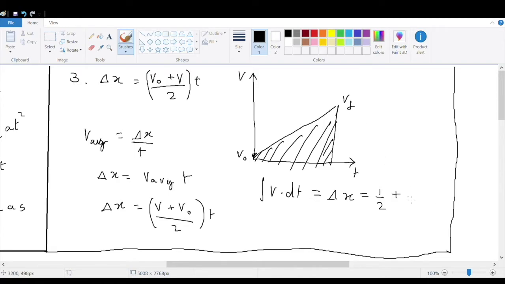So it'll just be the sum of your initial velocity plus your final velocity, and hence we get the equation: the displacement is equal to initial velocity plus final velocity divided by 2, times time.